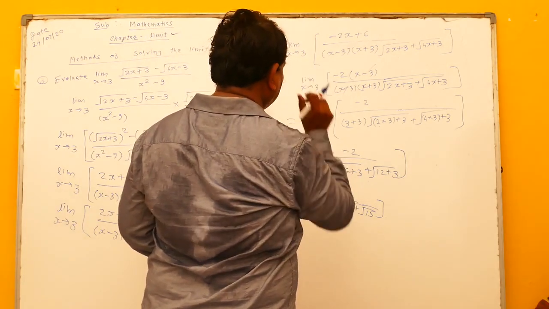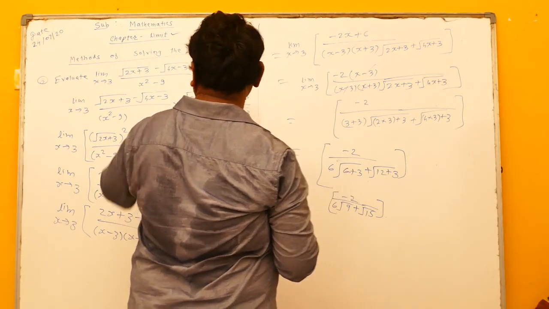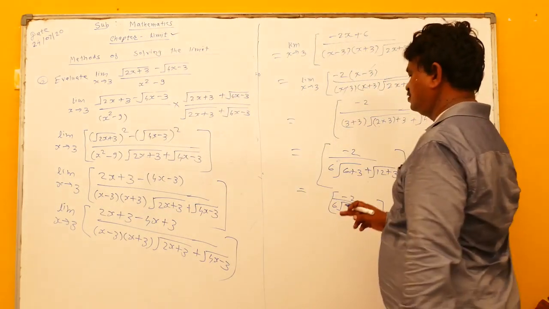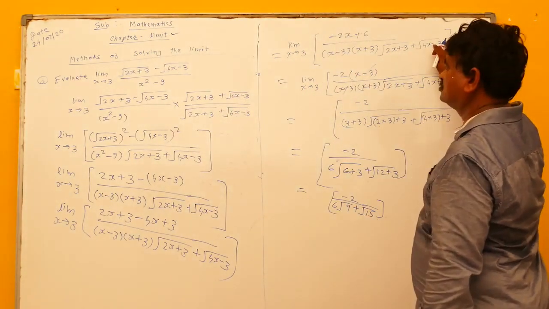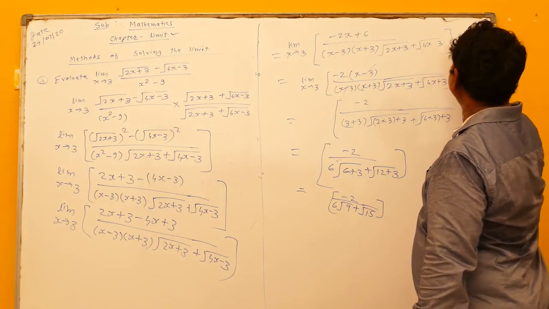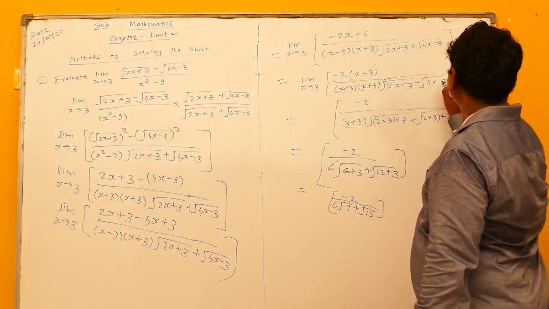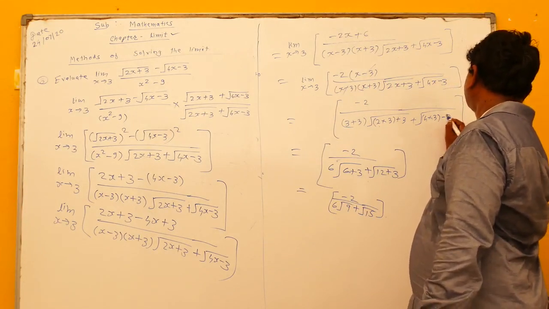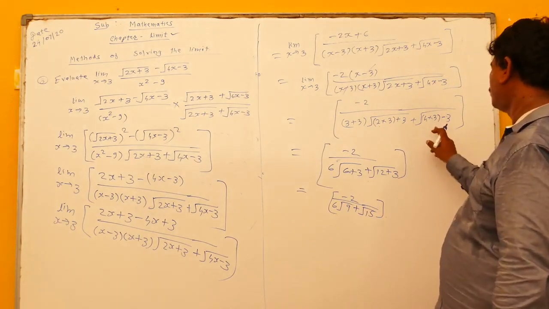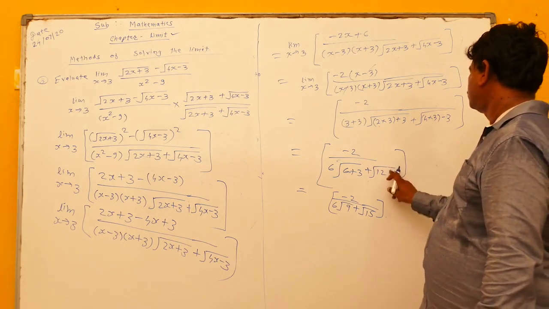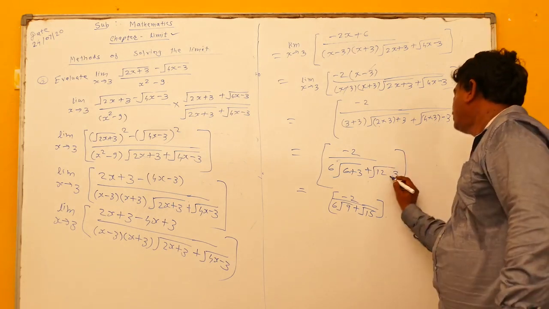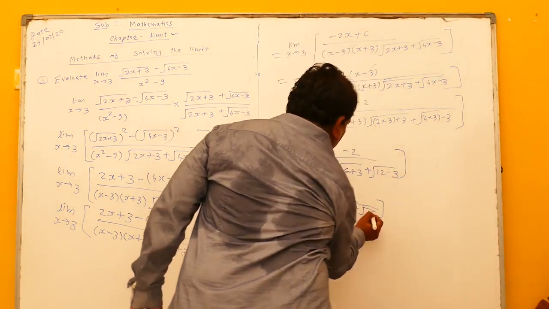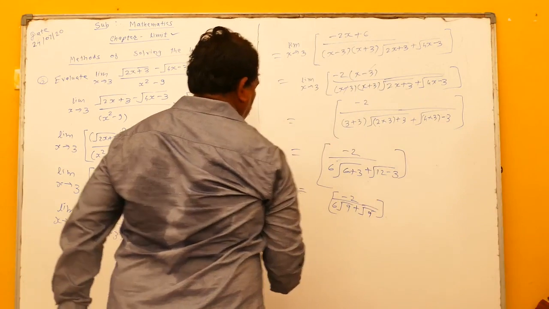Just a mistake here: here it is minus 3, here also minus, and here also minus. Therefore 4 times 3 is 12 minus 3. Again 12 minus 3, we will get 9.